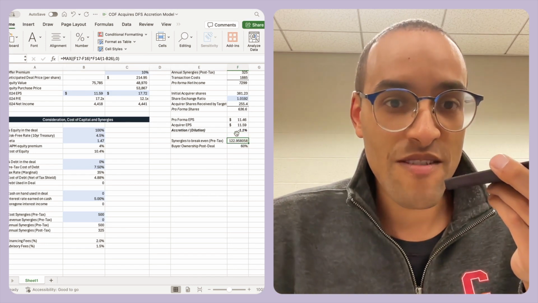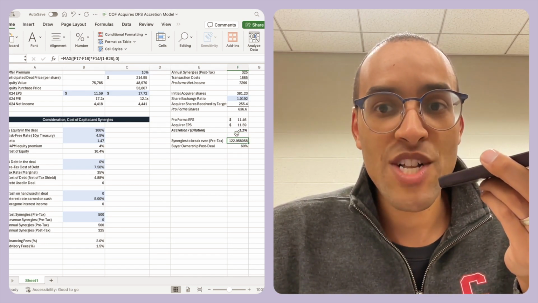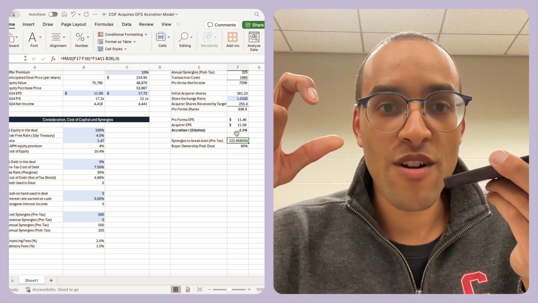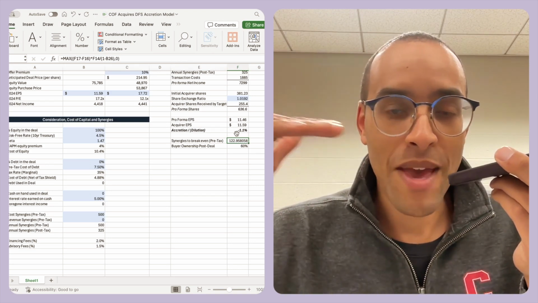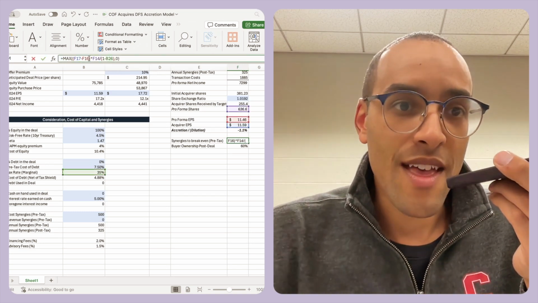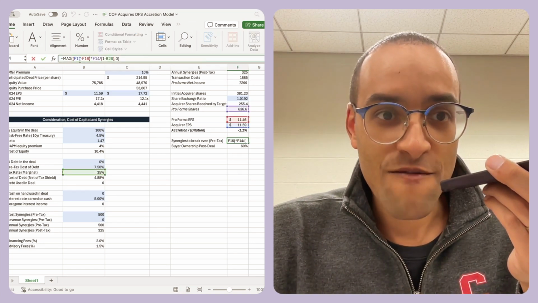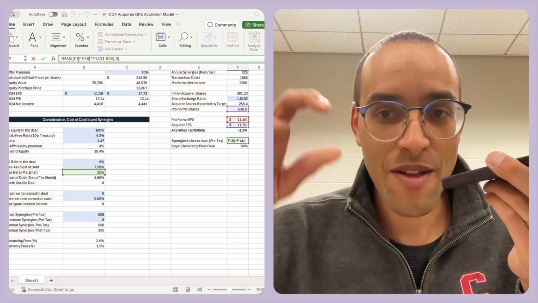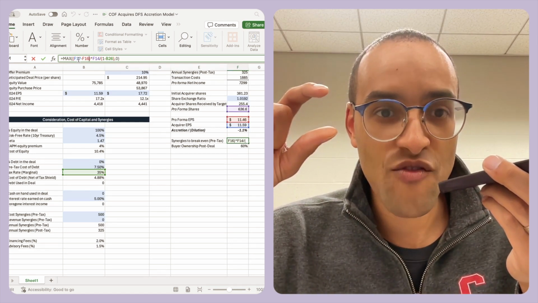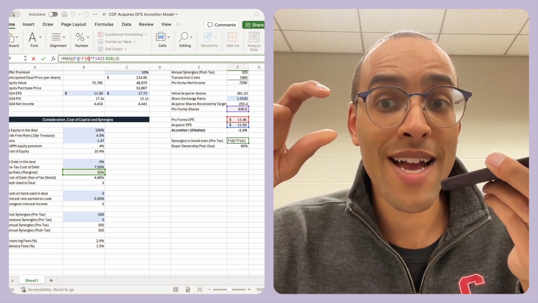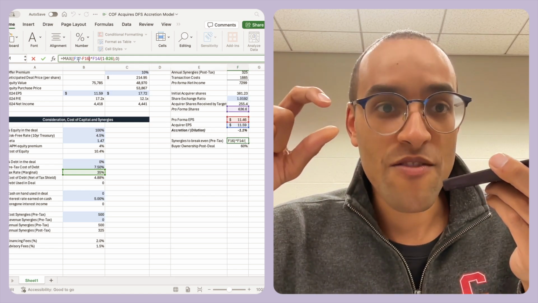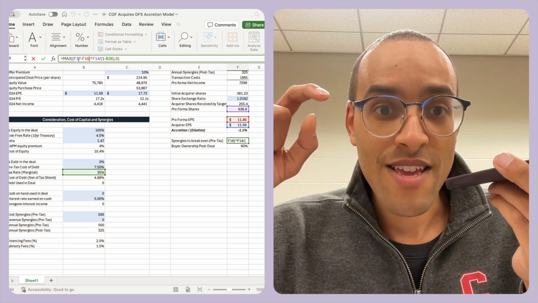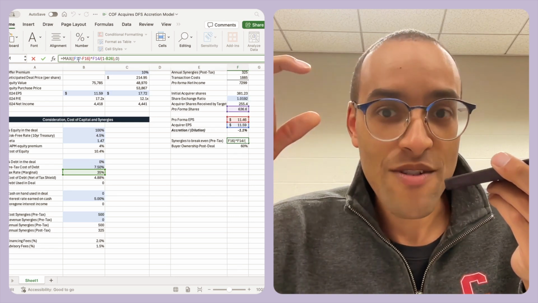Now, there's a couple other things in here. I just want to point out the synergies to break even. This is how much incremental synergies are needed for the deal to get to a baseline 0. And that's by just taking this formula. What I'm doing here is I'm looking at the incremental earnings per share between the acquirer and the combined entity, and I'm multiplying it by the number of shares outstanding. So that's basically incremental earnings, right?